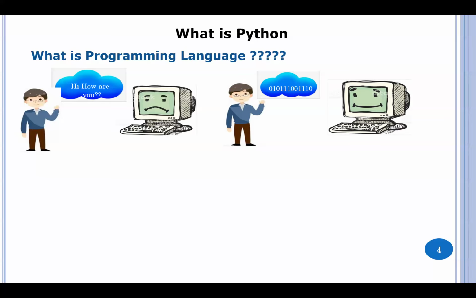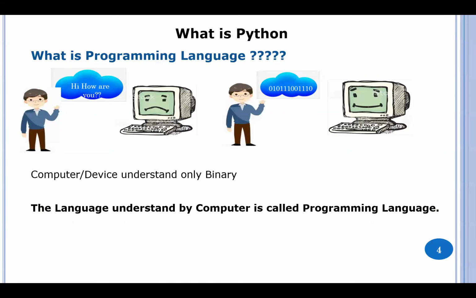Binary code. It is called binary language. Sometimes it is called binary language, sometimes machine language. Ultimately machine language and binary language are the same, and this language consists of only two digits, 0 and 1.